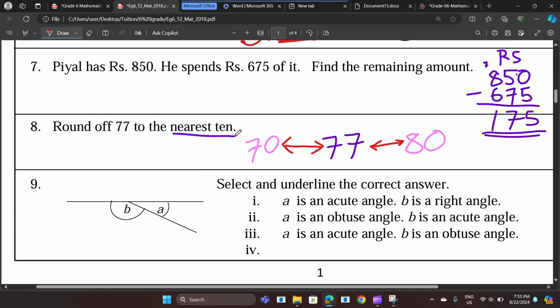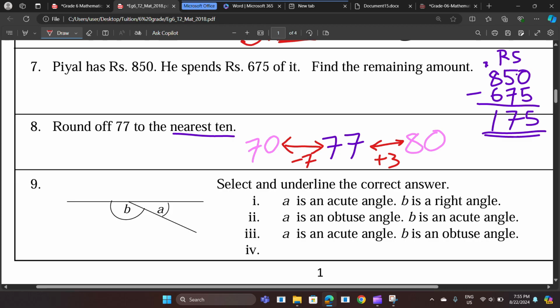Okay, I think you can see we only have to add 3 to get 80, and in here we have to subtract 7 from 77 to obtain 70.